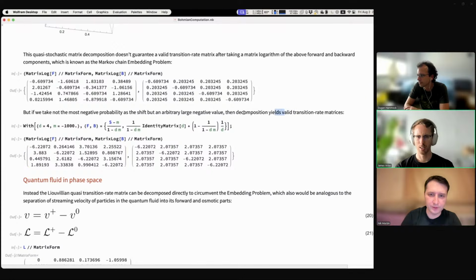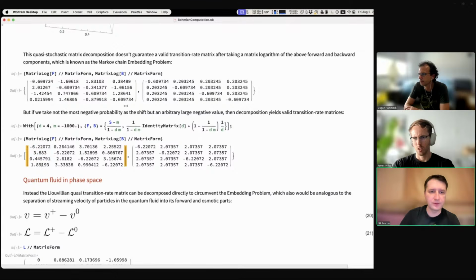Wait, can you explain that again? What's the embedding problem? I'm trying to remember. I think they don't sum up to one or something.